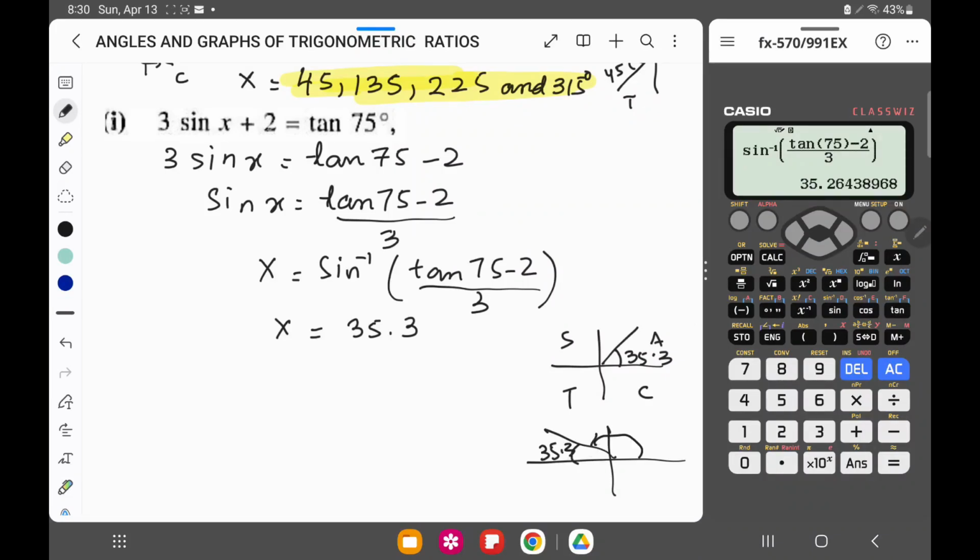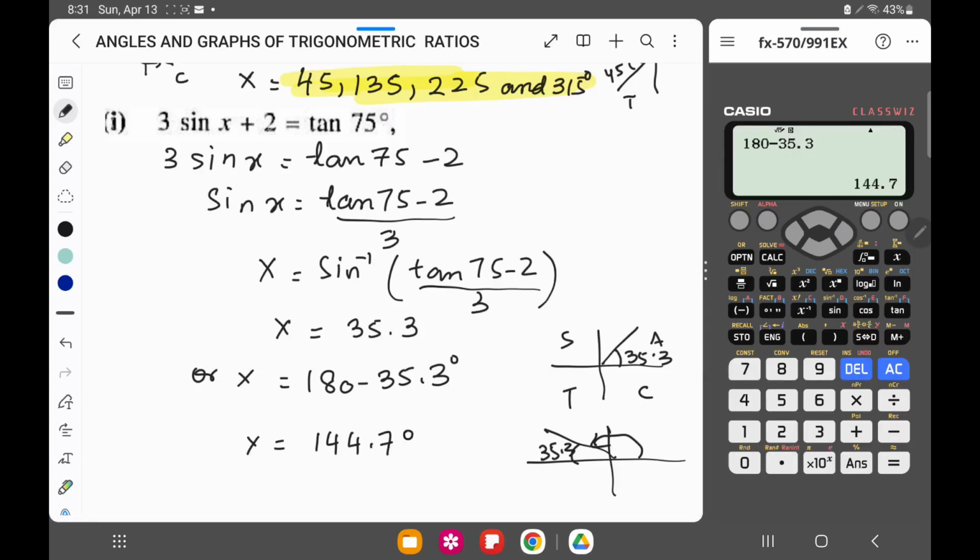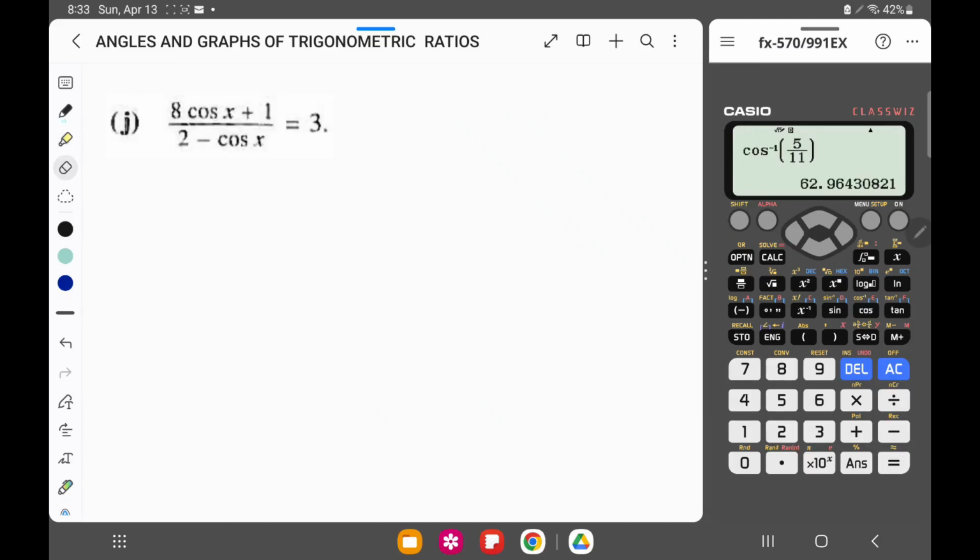So obviously the second answer will be 180 minus 35.3 degrees, which is equal to 144.7. Alright, so in this case, you get either 35.3, which is in the first quadrant, or in the second quadrant, 144.7.